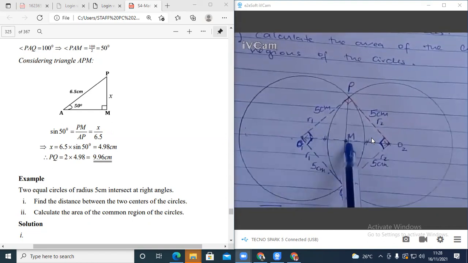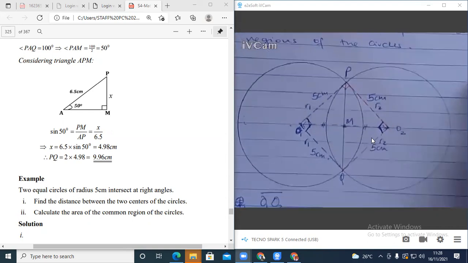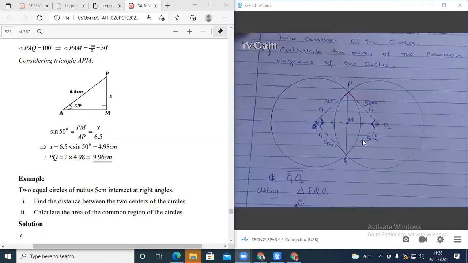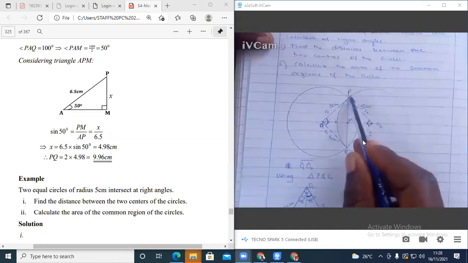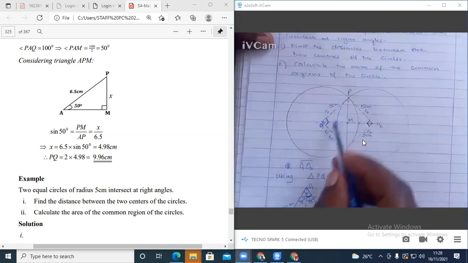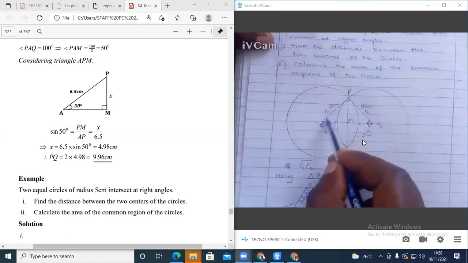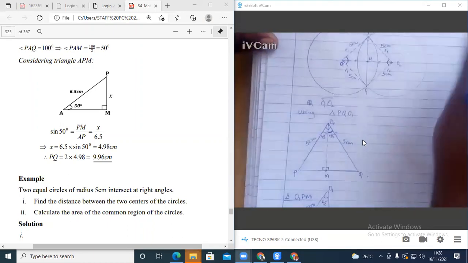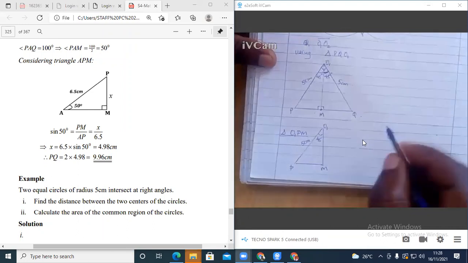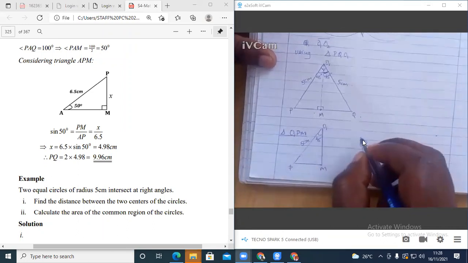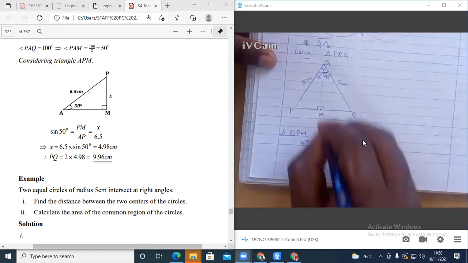That's why I have to use this triangle PO1Q, where the sides are equal. I know this angle here is 45. So I extracted the triangle O1PQ, and now a triangle O1PM to find this distance O1M. Let us call this distance X.